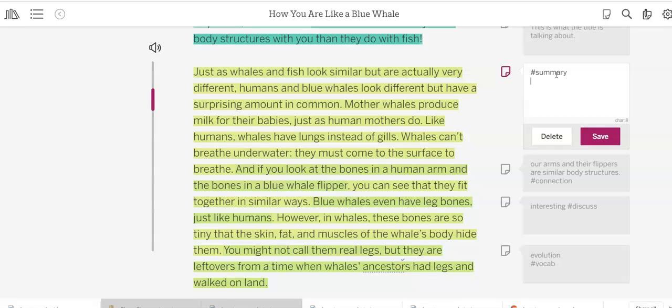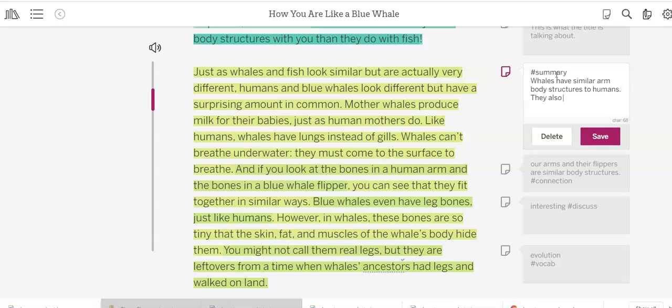So what did we learn in this section? Okay, so we learned that whales have similar body structures, so whales have similar, we'll be more specific because we kind of learned that in the last summary, so we'll put have similar arm body structures to humans.